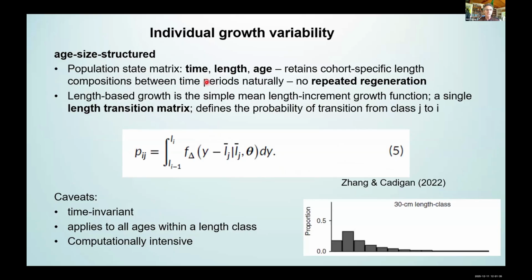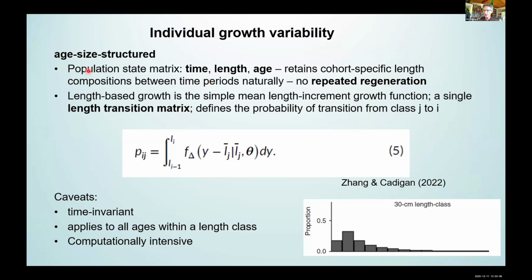So this matrix allows one to conserve the effects of length-based processes on a cohort size composition between time steps. There's no requirement for repeated regeneration. Anything that happened in a previous year is retained when the population is updated to the following year. So that whole Rosalie's phenomenon is naturally encapsulated within the state matrix.